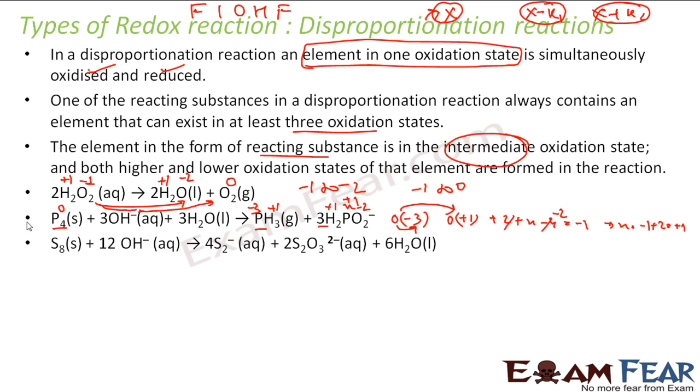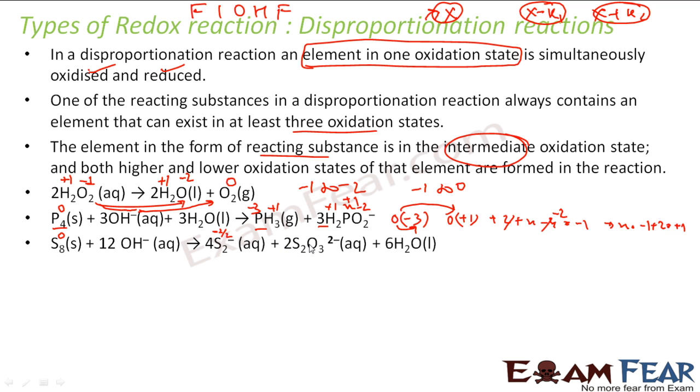Similarly, you can take this example: sulfur gives S2- and S2O3 2- with water. So here the oxidation state of sulfur has to be 0, free. In S2-, we apply the ion rule, so 2x is equal to -1, so this is -1/2. Then this becomes S2O3 2-.